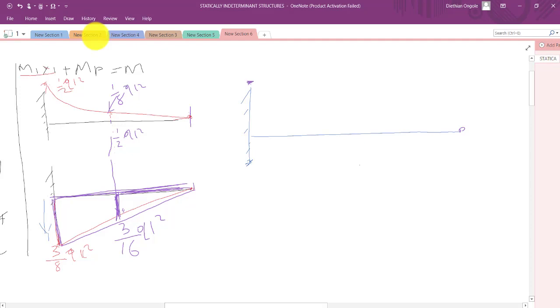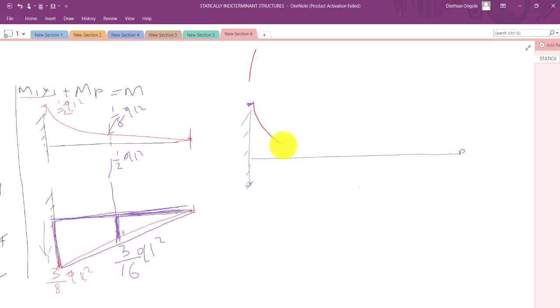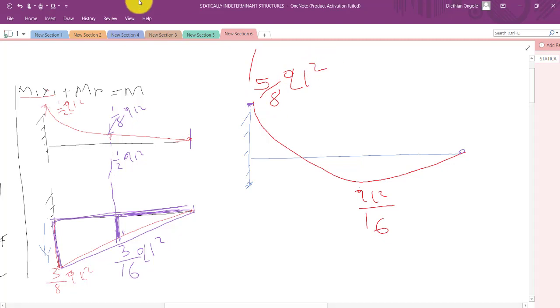So the final bending moment diagram would be with this point having a value of Q L squared divided by 16. Then here we said it was 5 over 8 Q L squared. Then here we have a 0. So that's how we use the fourth method to draw the bending moment diagram.